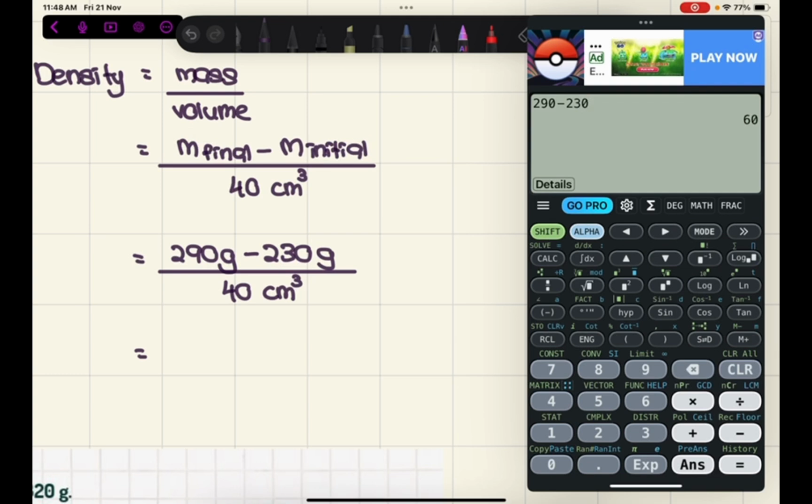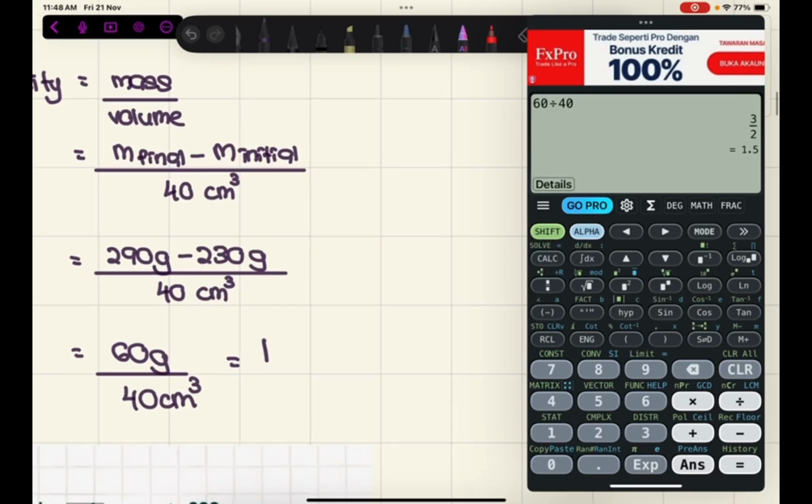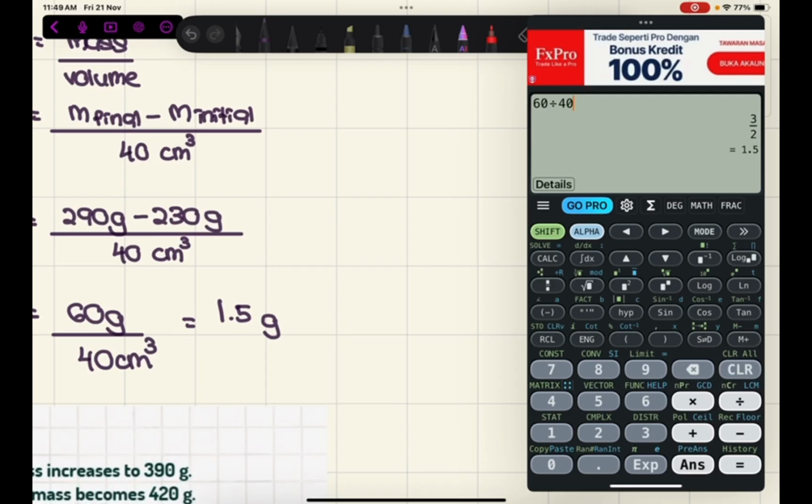Equal to 60 gram over 40 centimeter cube. So equal to 1.5. Please write the unit. If not, your answer is incorrect.